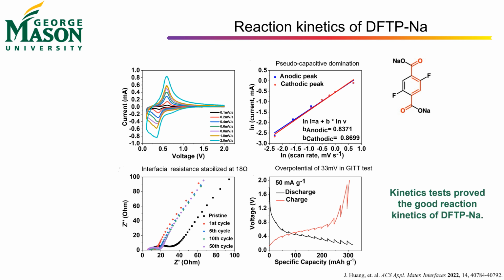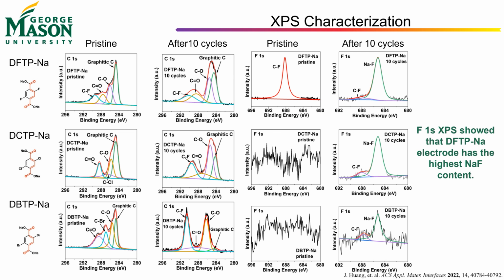And then from the result of the EIS test, we found that the interfacial resistance of the electrode stabilized at 18 ohms after 50 cycles.